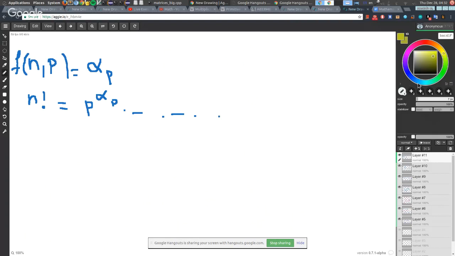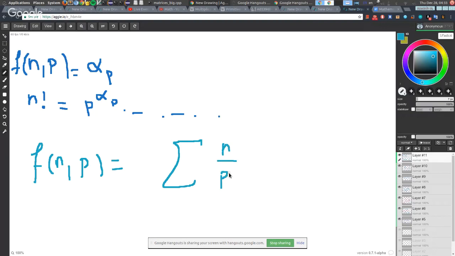The formula that we have found here basically counts the number of powers of P for all the possible powers, and the limit would be log n, basically.